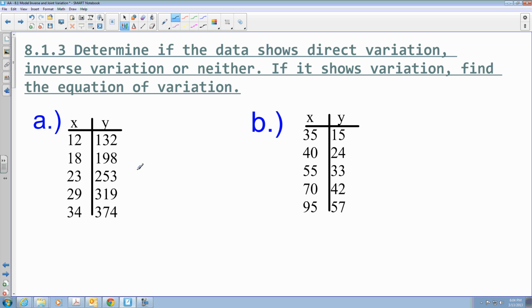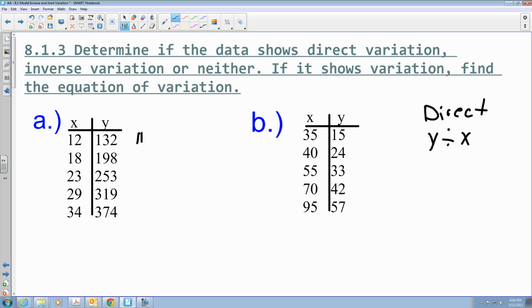So here's a little note. If we're trying to find direct variation, each value of y divided by x will all be the same. They must be. So for example A, I've got 132 divided by 12, which gives me 11.